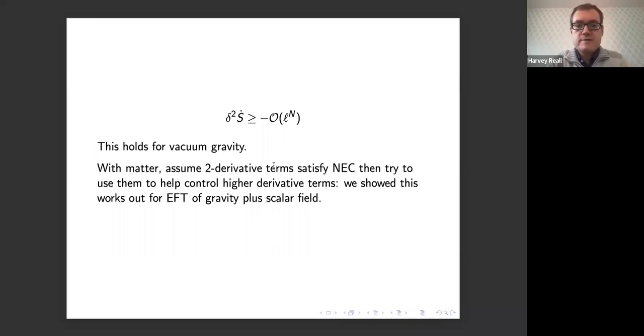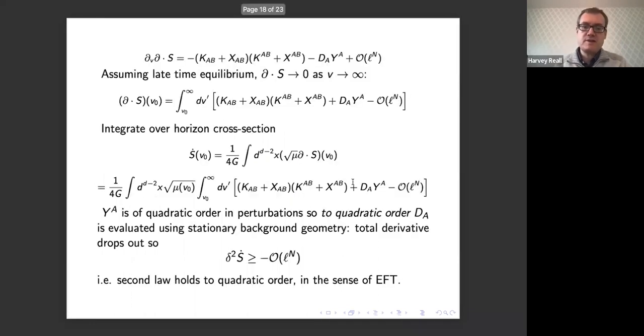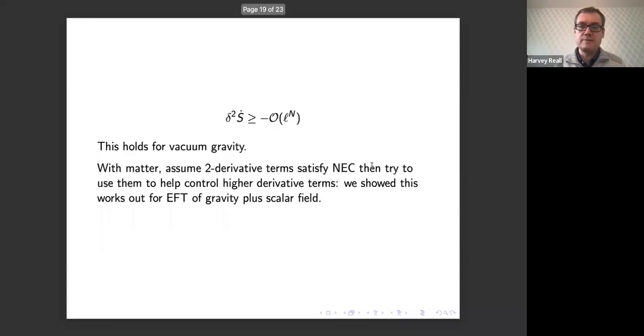With matter fields, we haven't worked out the details in general, but the basic idea is that if you have an effective field theory containing matter fields, then as long as the two derivative terms in the action satisfy the null energy condition, then you can hope that you can play this completing the square game again, but now you'll get extra terms on the right-hand side where you also have to complete the square on the matter fields.